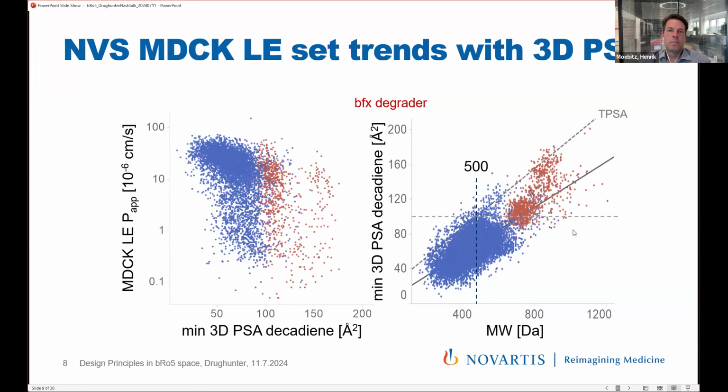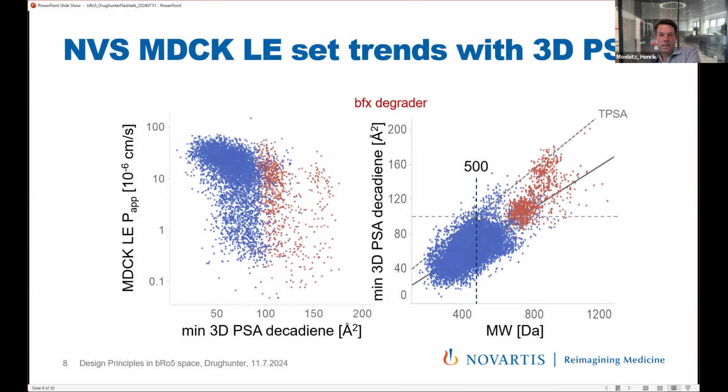You may argue whether bifunctional degraders marked in red have a slightly different trend and maybe also higher thresholds for high permeability. But you can also see this highly populated cluster with high permeability just below the 100 threshold.